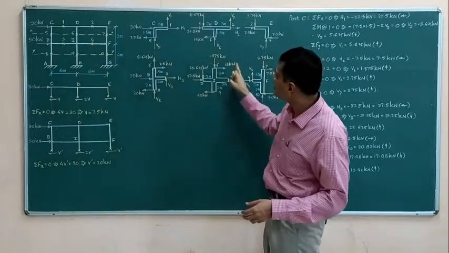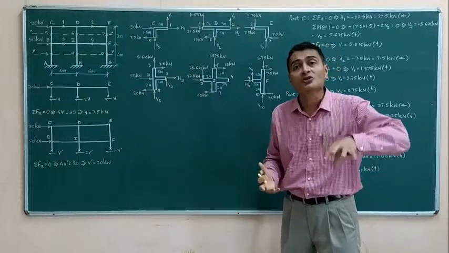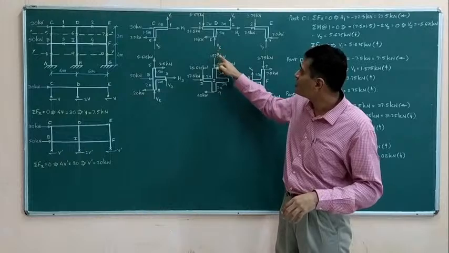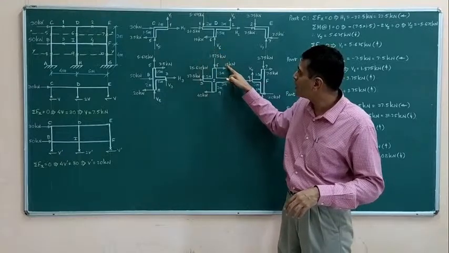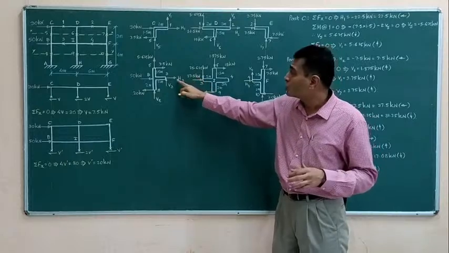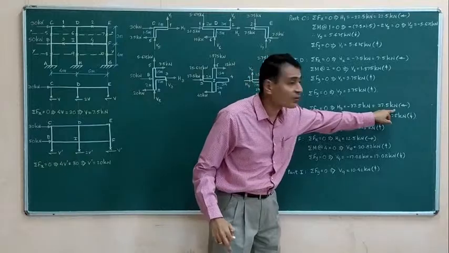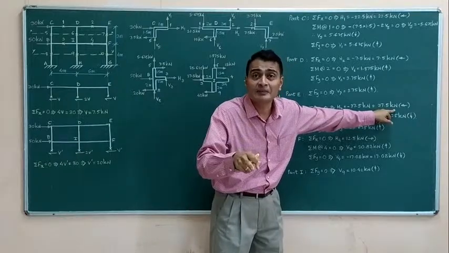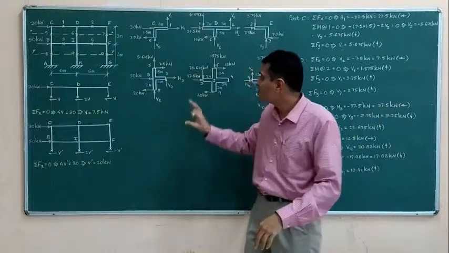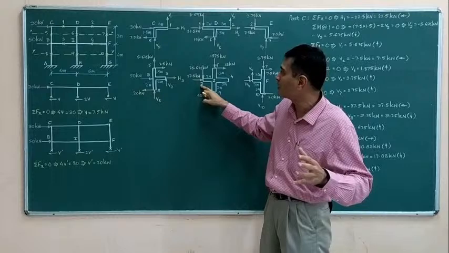So that is what I have shown here, and I have tried to show in the FBD all the knowns. I have not shown unknowns, I have just shown knowns. This equal and opposite here, this equal and opposite here, this equal and opposite here. Now don't get confused. Though I have shown it rightwards here, actually my H3 is leftwards. Actually, in reality, on calculation, on determining. So if it is leftwards, its equal and opposite 37.5 kilonewtons rightwards I have shown here.